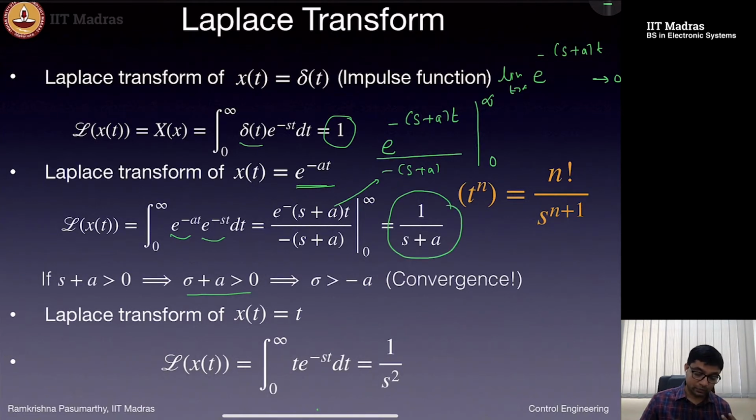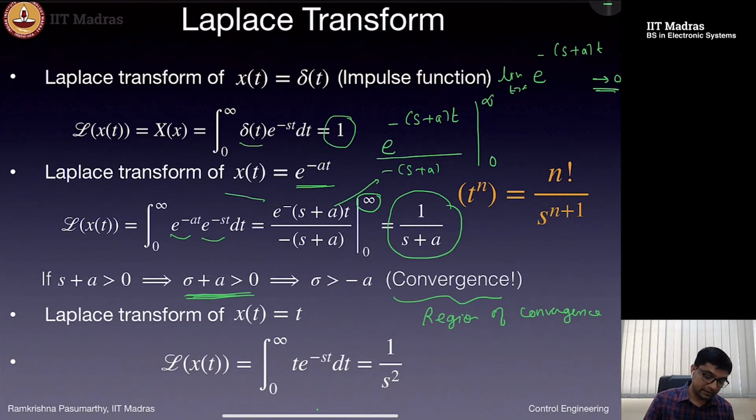This value at infinity will go to 0 only under this condition, that sigma must be greater than the negative of a. And this is also related to the region of convergence, or that region in which this particular integral is defined.